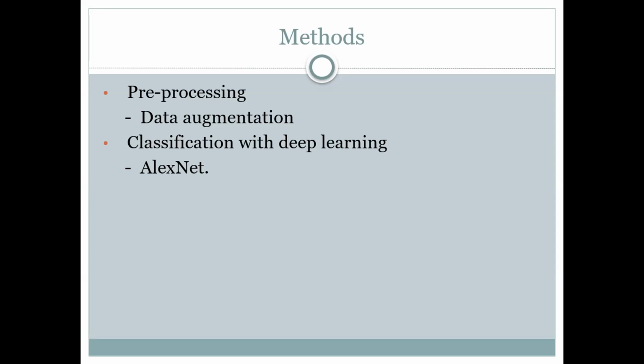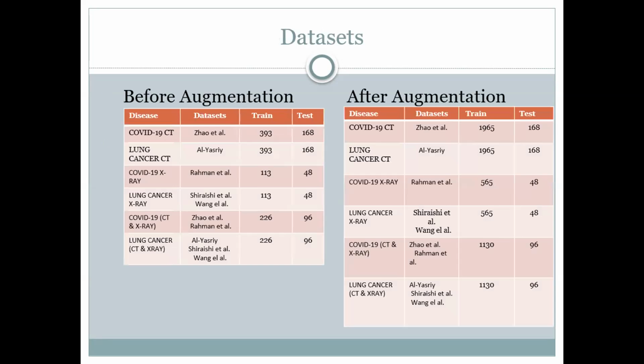We did that by rotating at different angles, and also changing the light intensity on those images, reducing some and increasing some, to generate 4 different images for each image we had. We also used AlexNet to do the classification, and the framework we used is MATLAB.